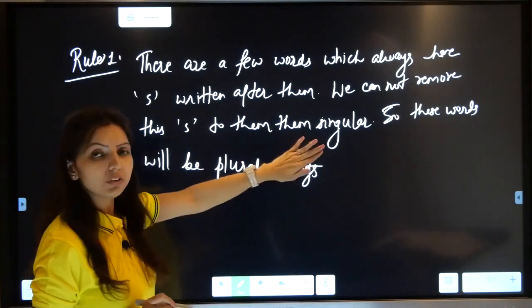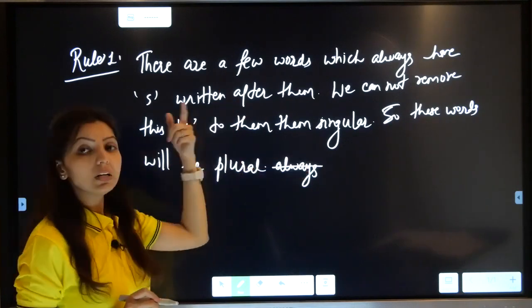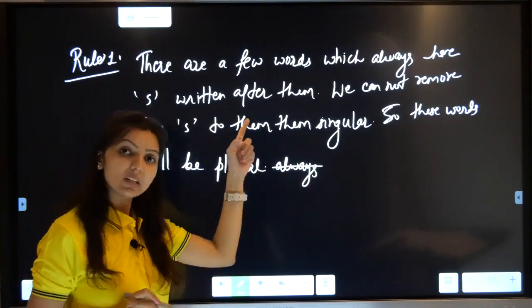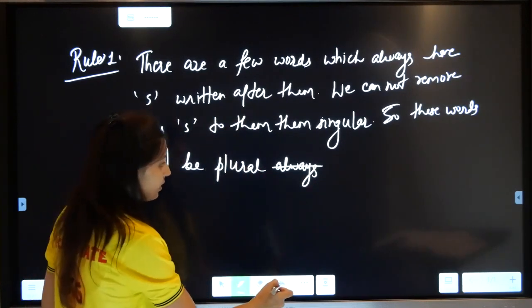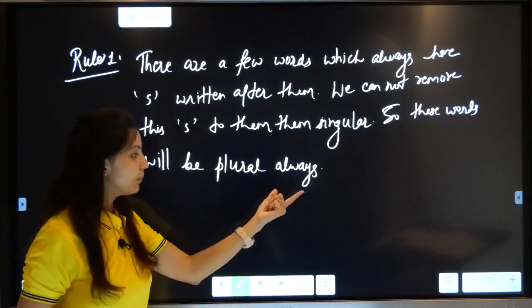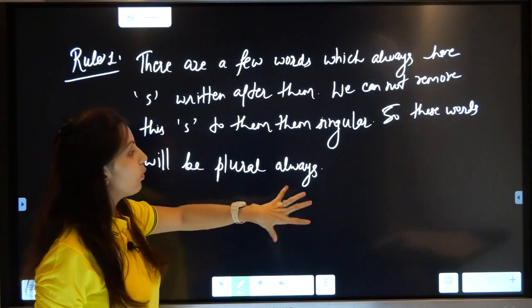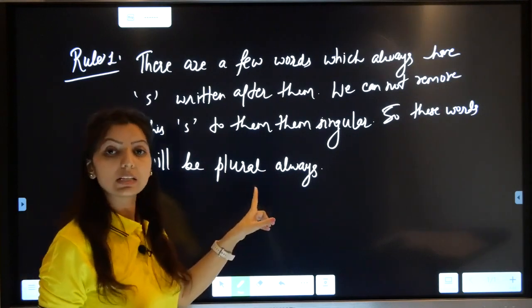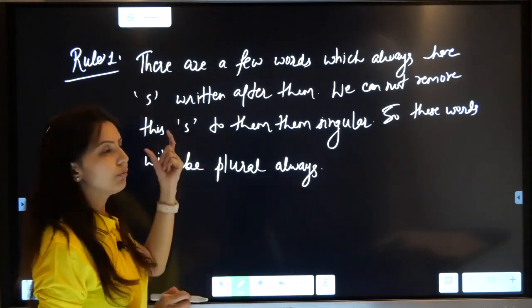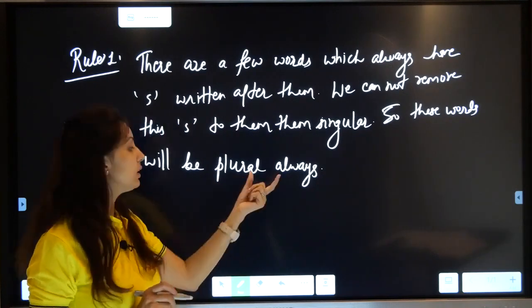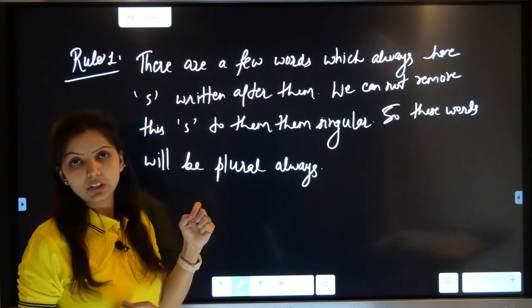If always is not written, my statement will convey the message that they can be plural or they can be singular as well. But if I use always, it means the words which I will be writing here right now will always be plural, they cannot be singular. So every word in the definition is having its own meaning, and you have to be very careful while using each and every term in your definition.